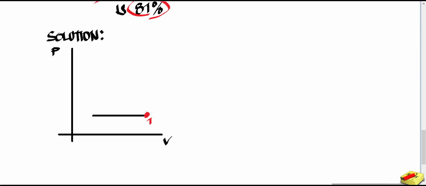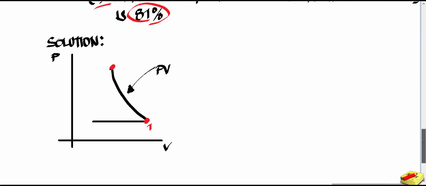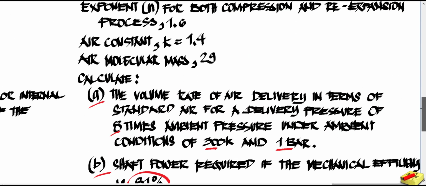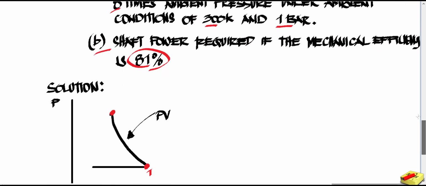Then for compression, starting from here going up, this will be our polytropic compression, where PV raised to n, which is given as 1.6, is constant.